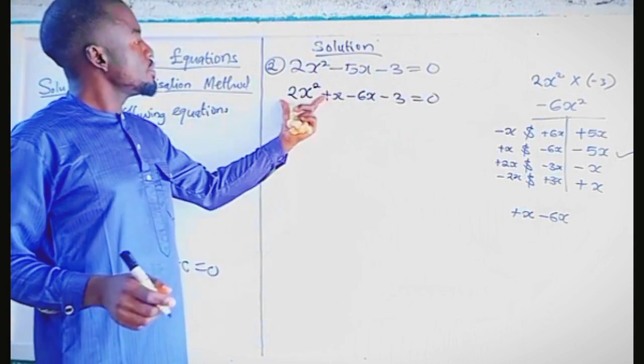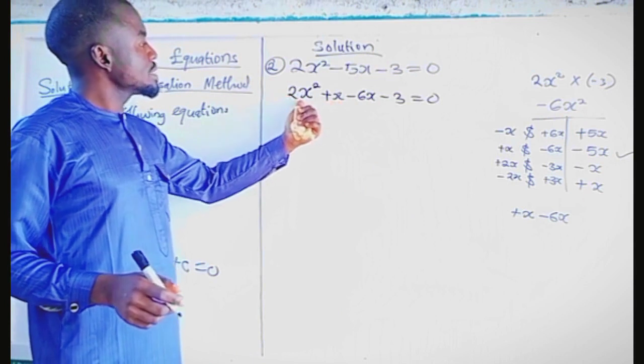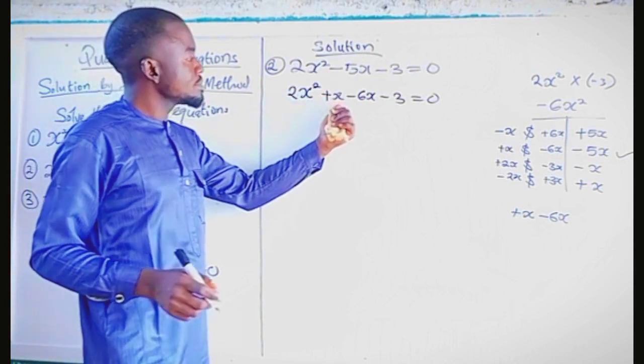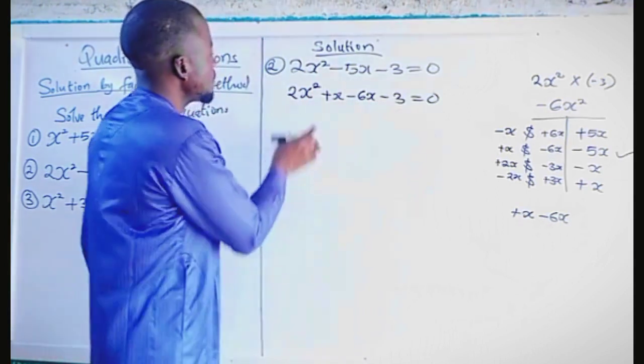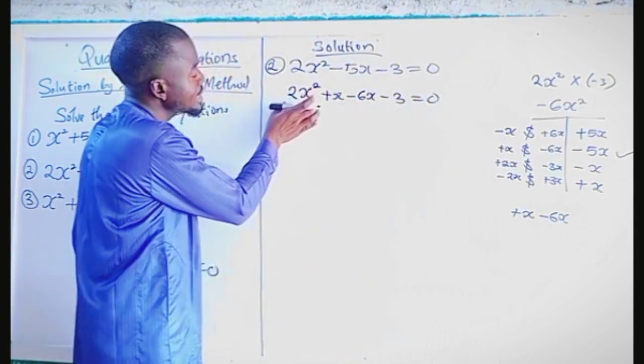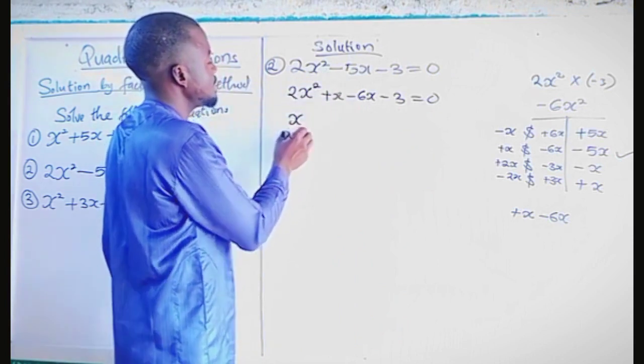Now we group and factor out the highest common factor between 2x squared and x, and we do the same for minus 6x and minus 3. What is the highest common factor between 2x squared and x? Of course, it is x.